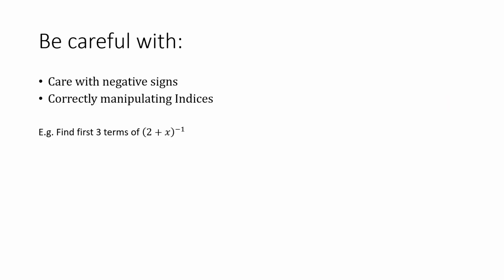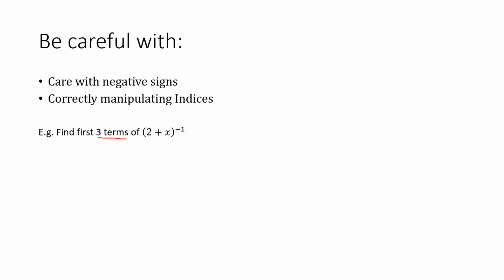So usually students make mistakes with regards to the algebra, in particular dealing with negative signs and manipulating the indices. So let's see an example where we want to find the first 3 terms of 2 plus x to the power of -1. The first thing we must spot is that this expansion is not in the valid form because we need 1 plus some amount of x.